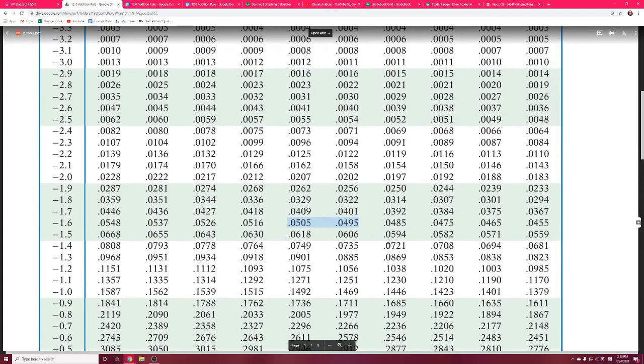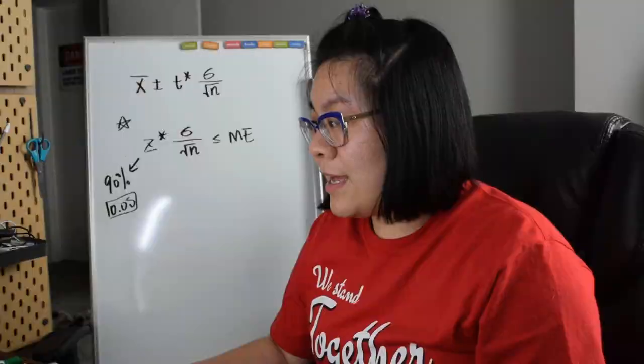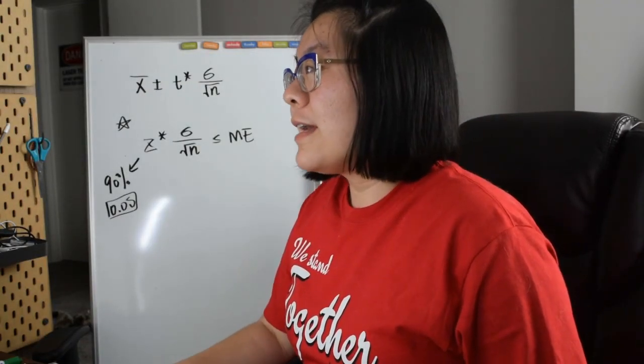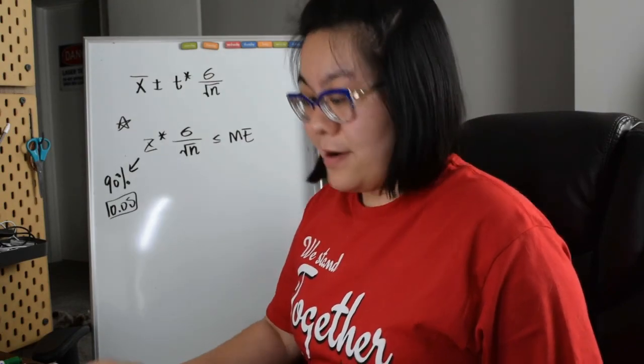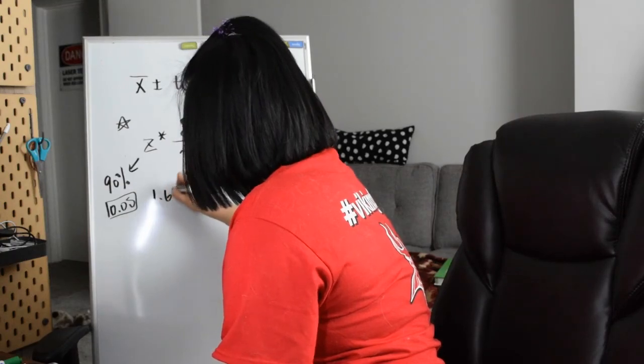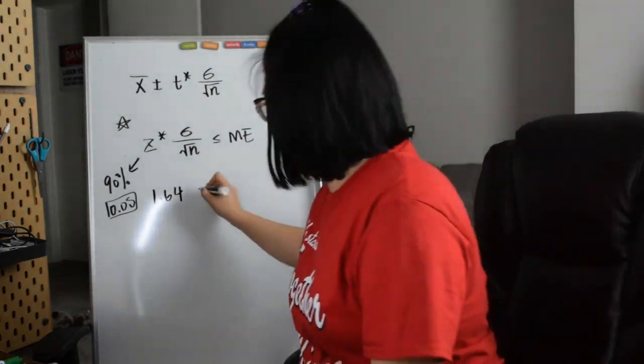It's in between these two values, which is 1.6. We can use either of them. Let's use 1.64. All right, in case I forgot, I better put it down, 1.64. And you can use 1.65, okay? Your value will not be much different, okay?